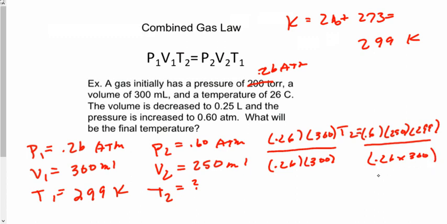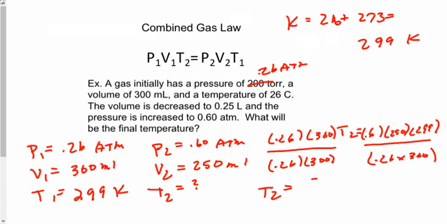You must put parenthesis around 0.26 times 300. There's a good chance of causing an error if you don't do it like that. So mathematically, it'll be 0.6 times 250 times 299 divided by, open a parenthesis, 0.26 times 300, close parenthesis, hit equals.